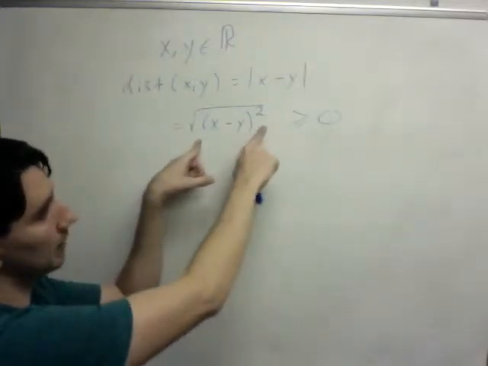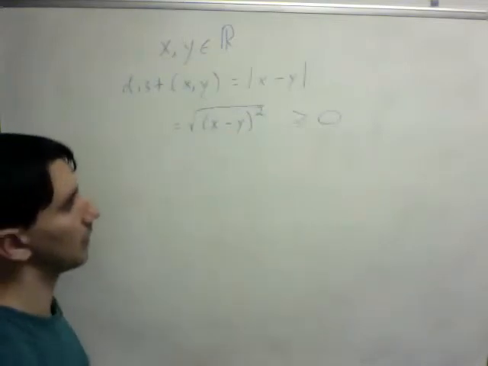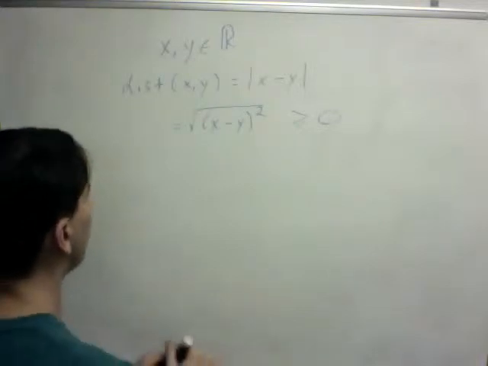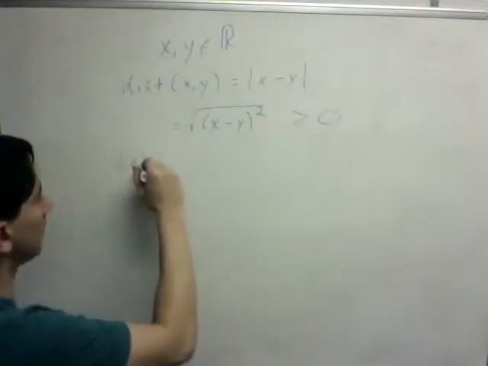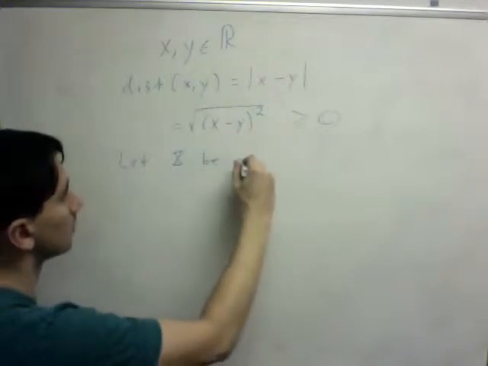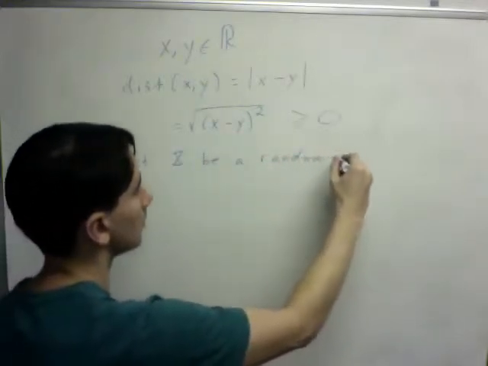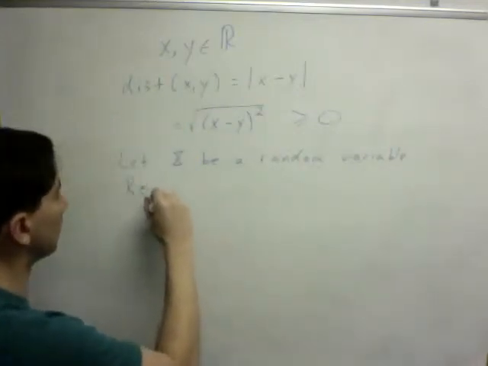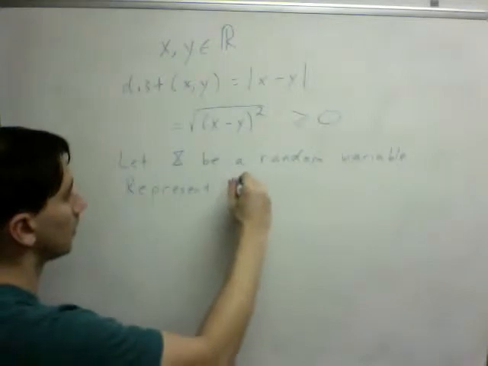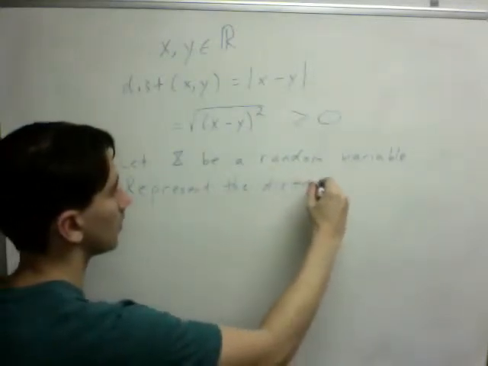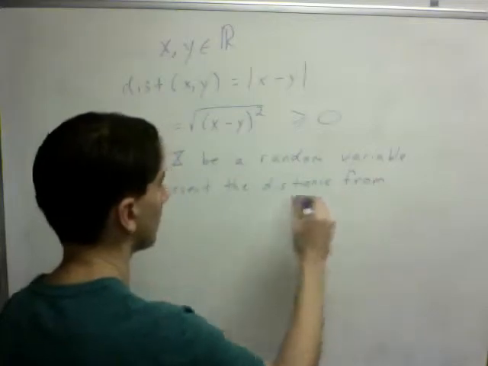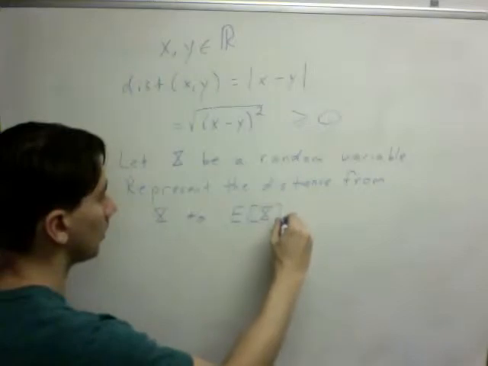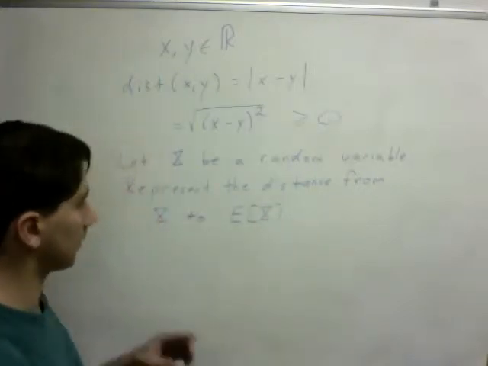So that's a way to think of the distance between x and y. You square it so it becomes positive, and then you take the square root and you have a positive number. And this is sort of what we want to do. Now let X be a random variable. We want to represent the distance from X to E of X. So in other words, how far off is X going to be from its expected value?